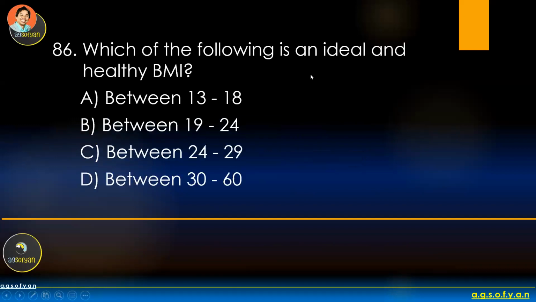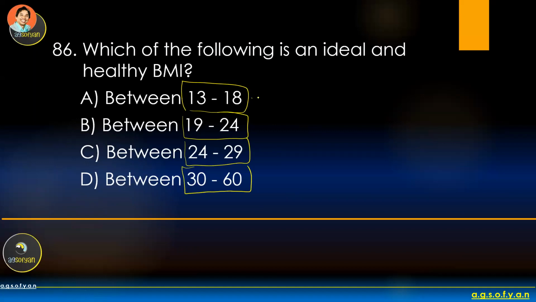Which of the following is an ideal and healthy BMI, body mass index? Between 13 to 18, between 19 to 24, between 24 to 29, or above 30.